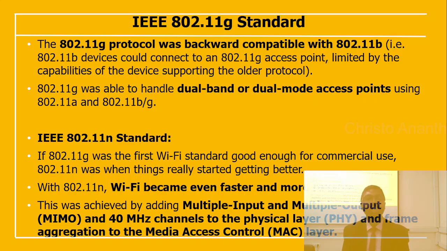With 802.11n, Wi-Fi became faster and more reliable. You can achieve it using MIMO, multiple input, multiple output, and 40 megahertz channels in the physical layer, and of course frame aggregation in the MAC layer, media access control layer.